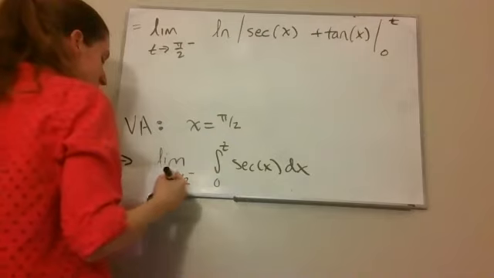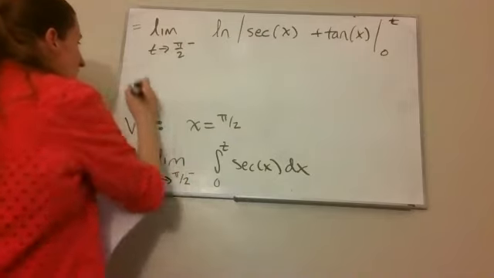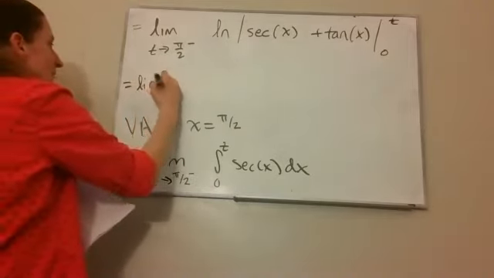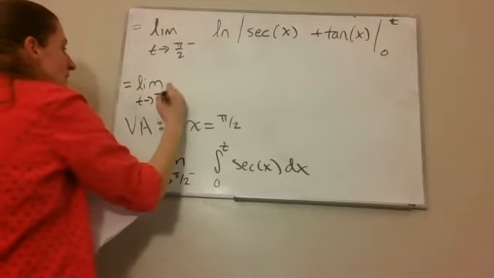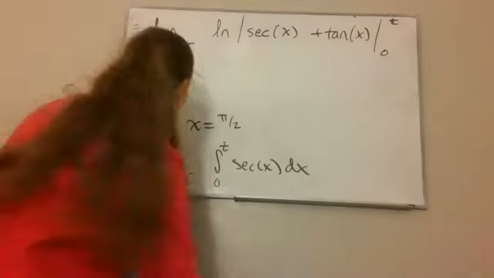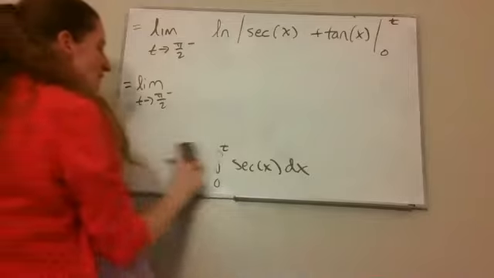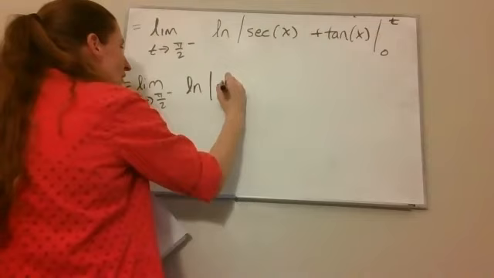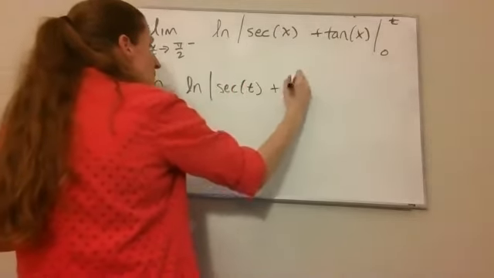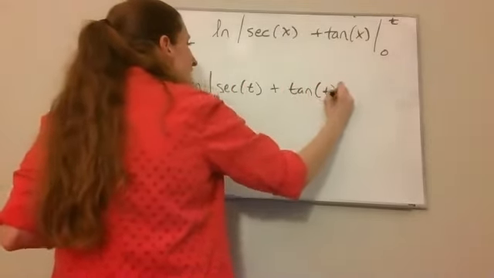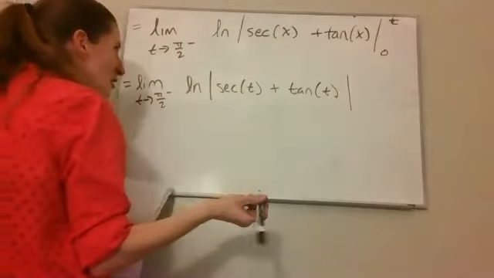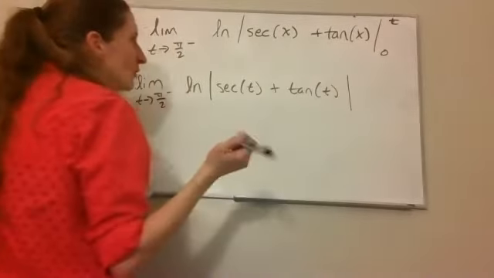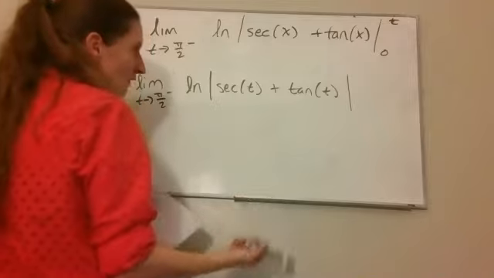So when I plug in the t and plug in the 0, what do we get? Well, when I plug in the t, I'm going to have natural log absolute value of secant t plus tangent t. What happens when we plug in the 0? Well, secant of 0 would be 1, and tangent of 0 is 0.